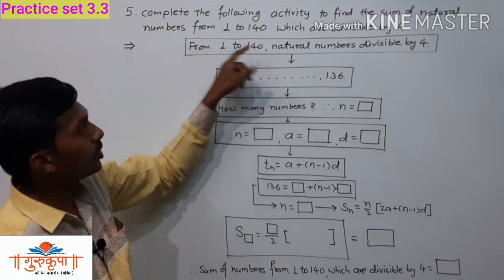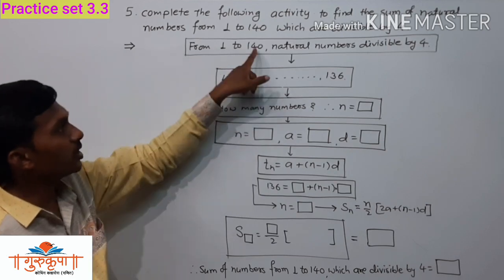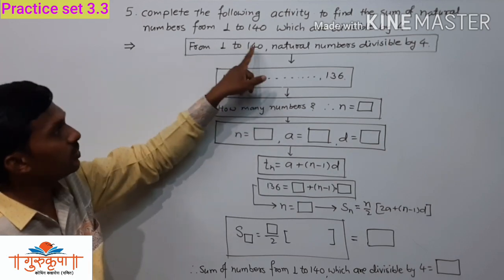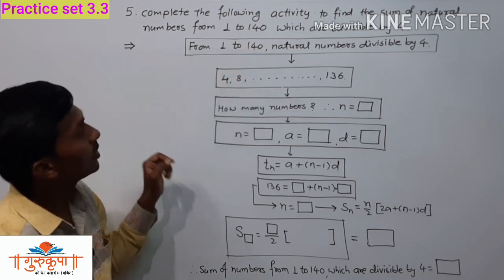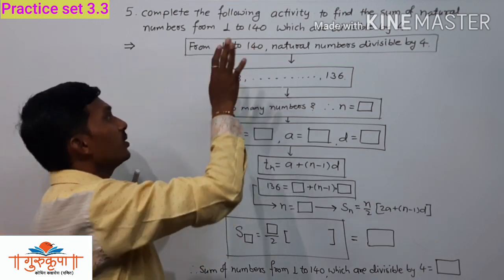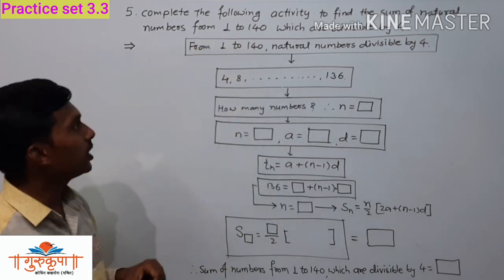This 140 is not divisible by 4? See, actually it is divisible by 4. 4 3s are 12, 2 is remaining, 4 5s are 20, that is 35 4s are 140. Here again we have to make a change.